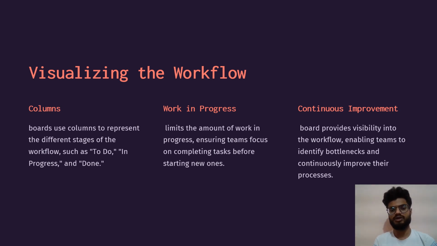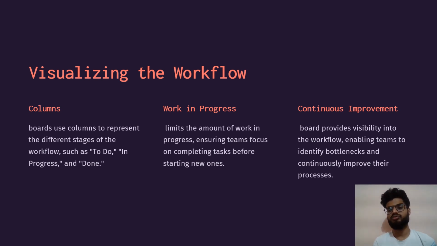Then there is work in progress, which limits the amount of work in progress, ensuring the teams focus on completing tasks before starting new ones. And the last one is continuous improvement. The board provides visibility into the workflow, enabling teams to identify bottlenecks and continuously improve their process.